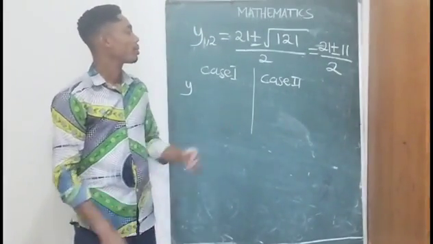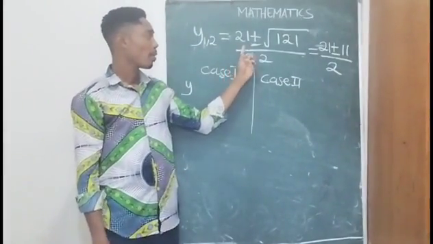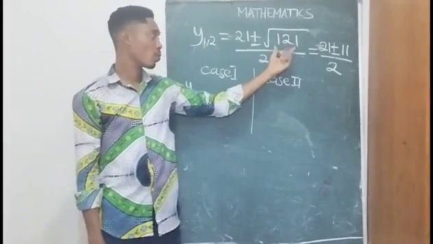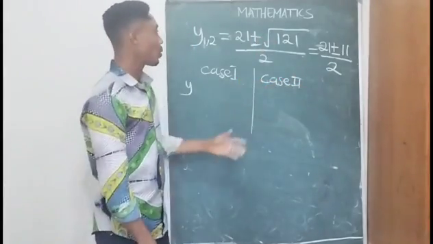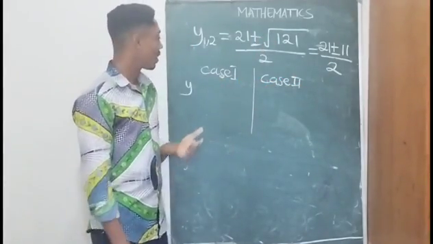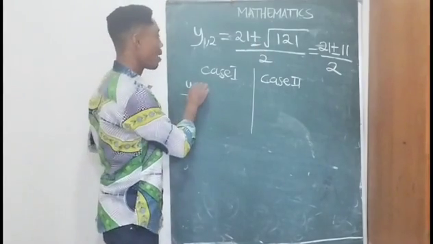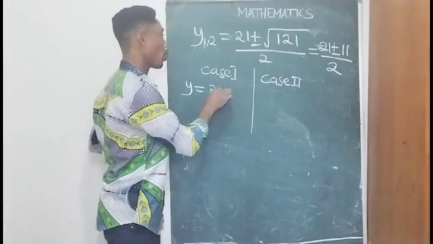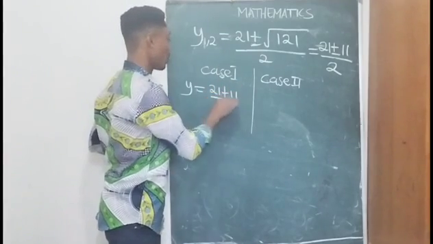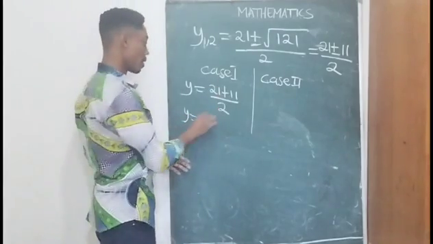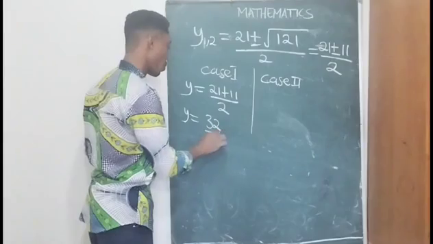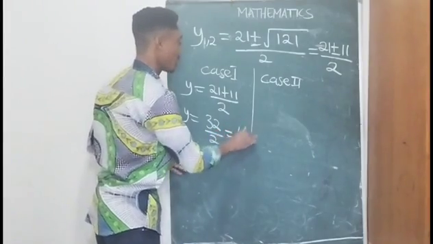So moving forward, square root of 121 is going to give you 11. Remember, we still have a plus or minus. So from there, in case 1, y is going to be 21 plus 11 all over 2. 21 plus 11 gives you 32 over 2, so I have 16.